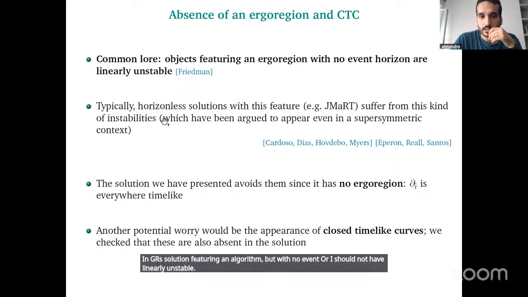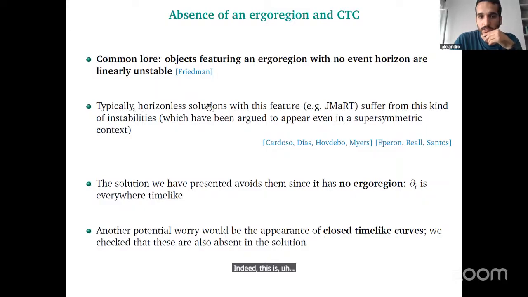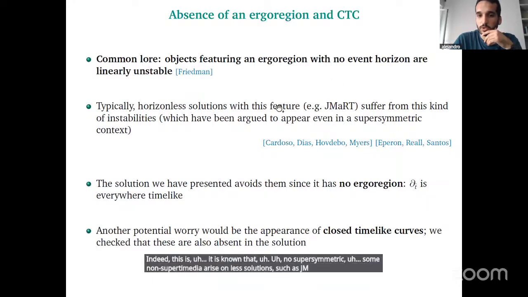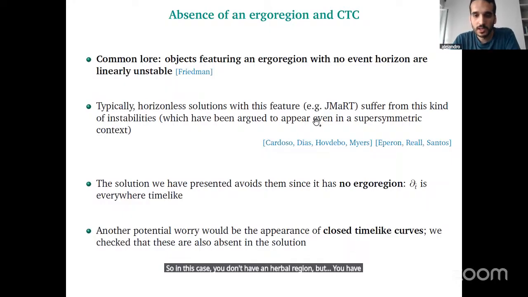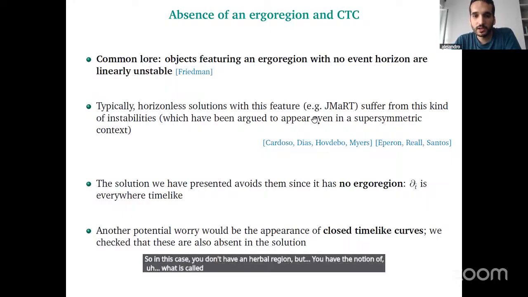Indeed, it is known that some non-supersymmetric horizonless solutions such as JMaRT suffer from this type of instability. And even Eperon, Reall, and Santos argued that they may appear even for the supersymmetric ones. In this case, you don't have an ergoregion, but you have what is called an evanescent ergosurface, and this has been argued to lead to nonlinear instability.